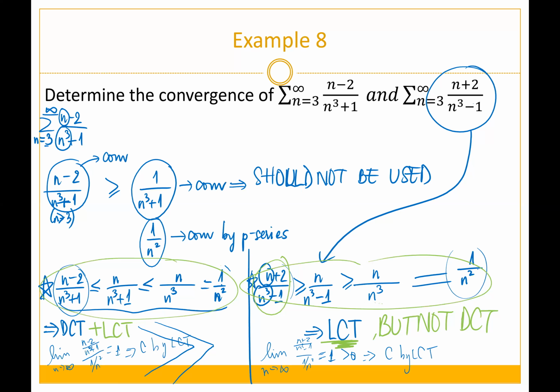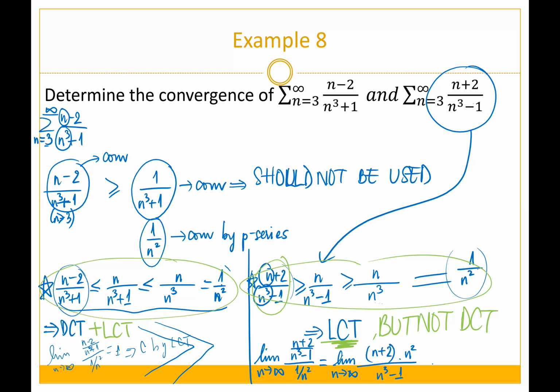It's convergent, not conventional. How does it simplify? Okay, sure. Give me a second. I'll write it down. We have the limit as n approaches infinity of (n plus 2 over n cubed minus 1) over 1 over n squared. So basically, you multiply by n squared here, so you have n cubed minus 1.